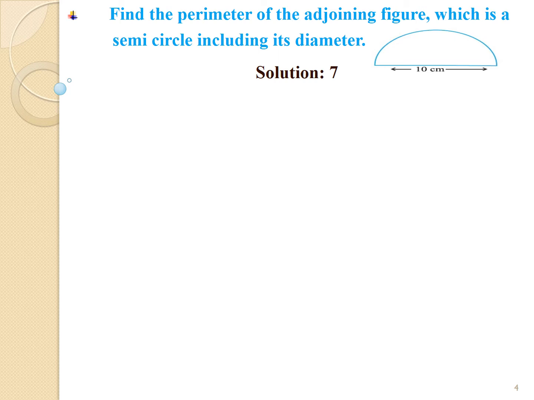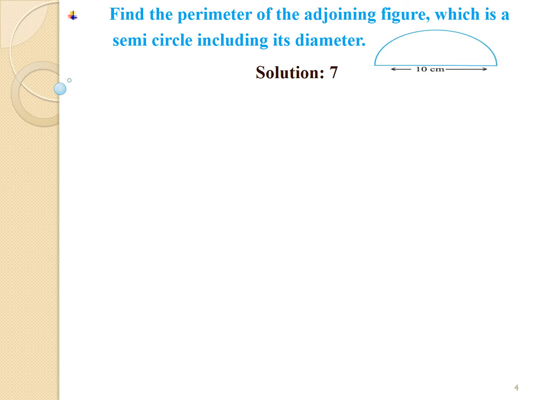Students, so in order to find the perimeter of the given figure, including its diameter, we have to first find the radius of circle, then we have to find the perimeter of semicircle.